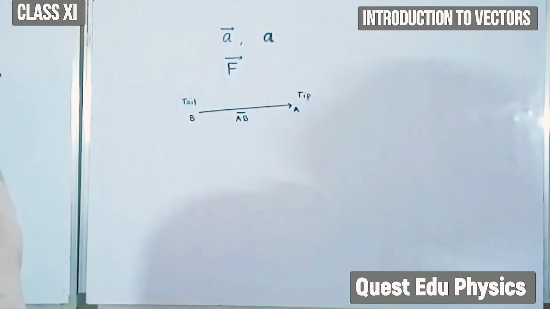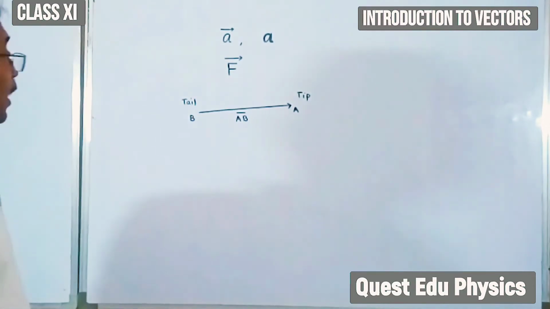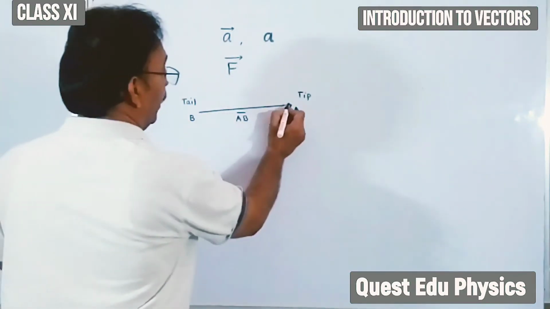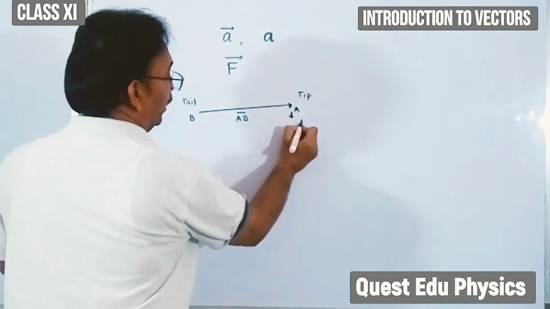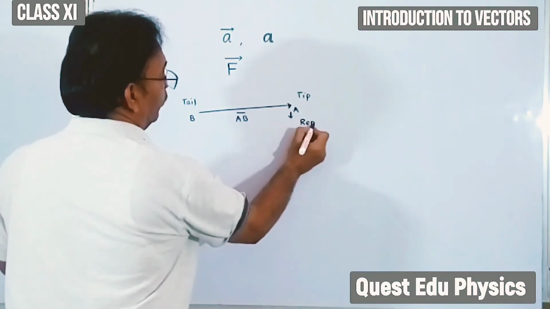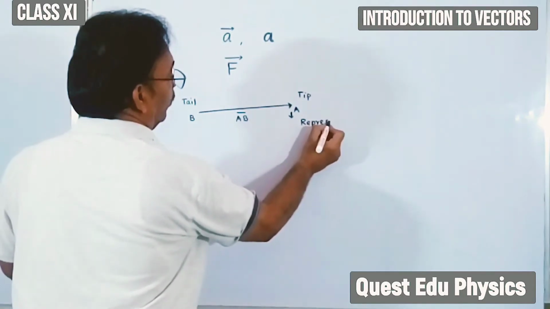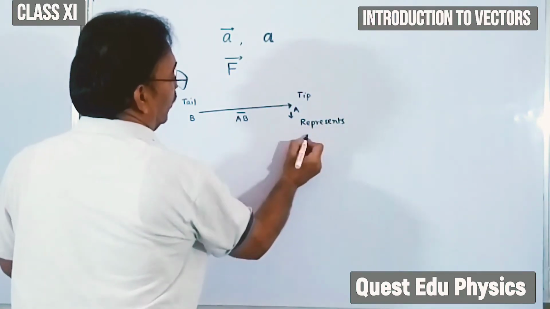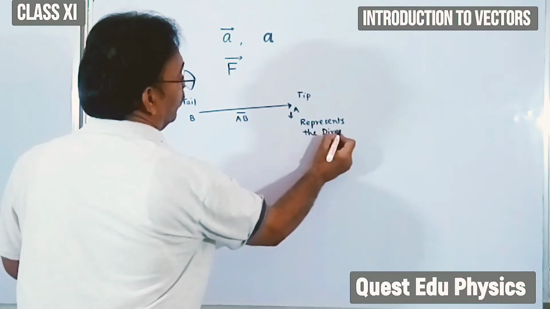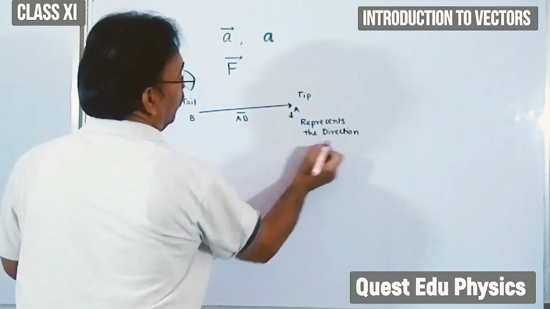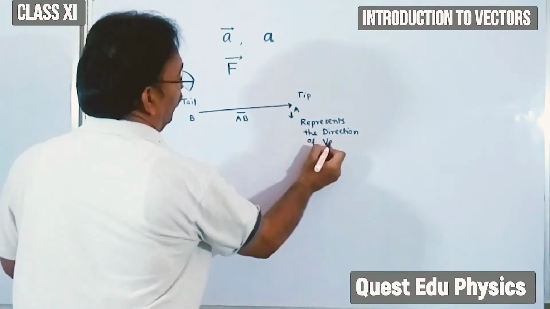And what does it mean? This arrowhead represents the direction of the vector.